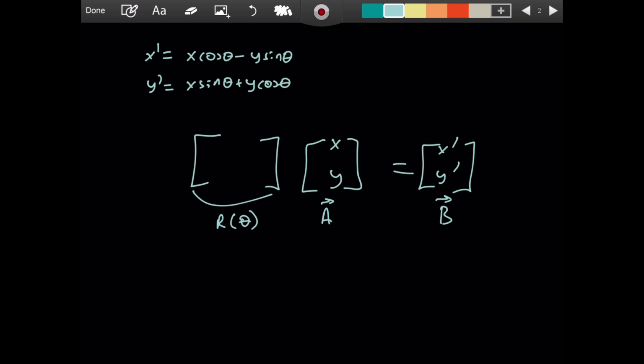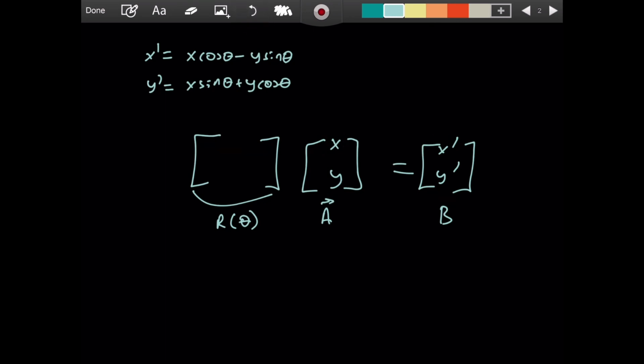So, how do we write it? Well, if you know a little bit of linear algebra, and if you don't know it, don't worry, this is just extra knowledge for you. While multiplying two matrices, you take the first row, you put it on top of the first column, you multiply the corresponding elements, and then you add up all the multiplications to give you this value.